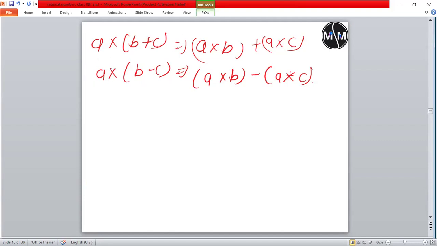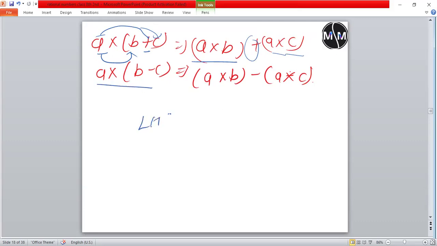First of all, A multiplied by B, then we use the symbol, and then in the second term we multiply A by C. A multiply B, and then we use addition symbol, and then we multiply A by C. The same is in this.